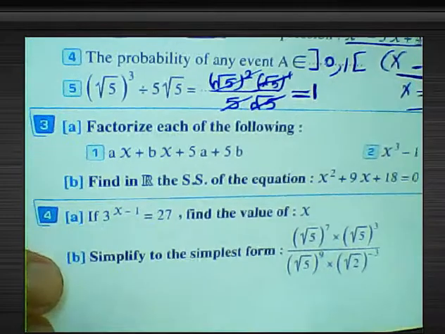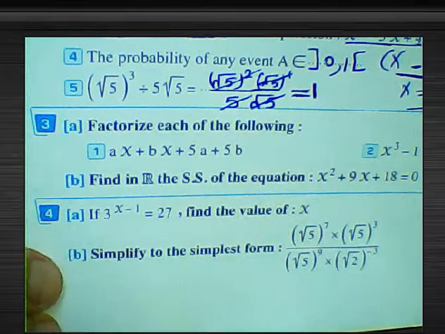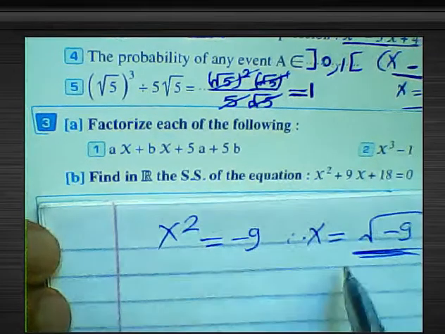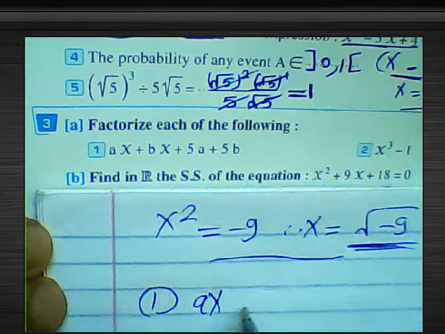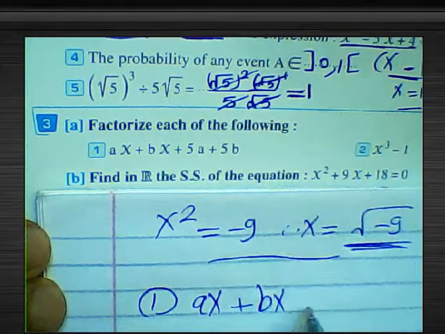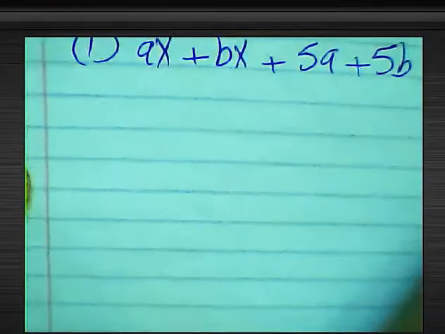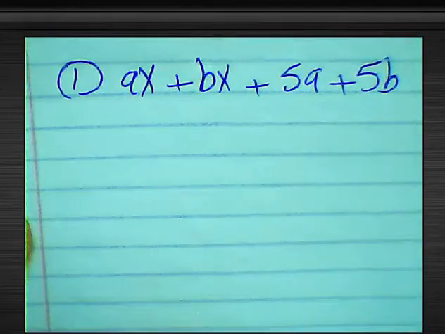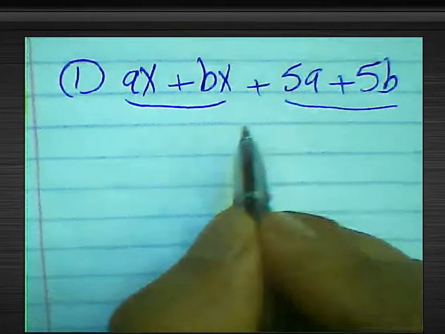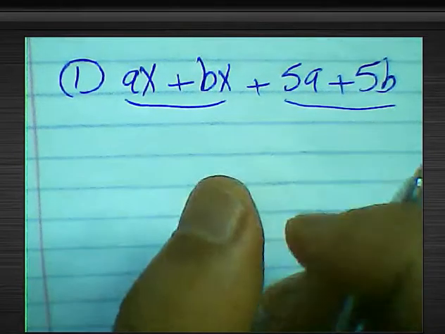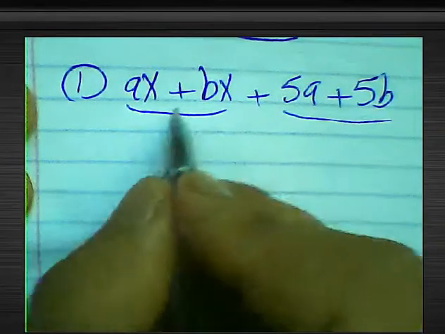Question number 3. Factorize each of the following: ax plus bx plus 5a plus 5b. We can factorize it here. We can factorize this expression about two terms, and write x outside here.